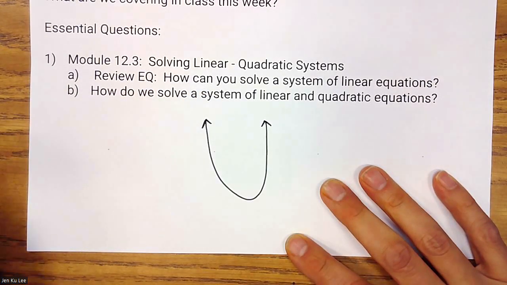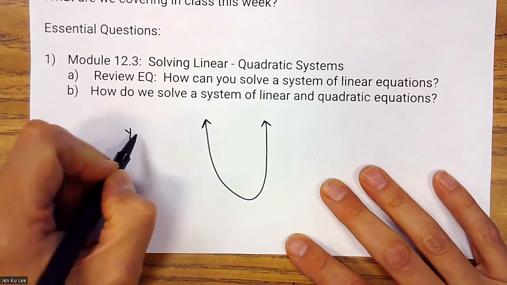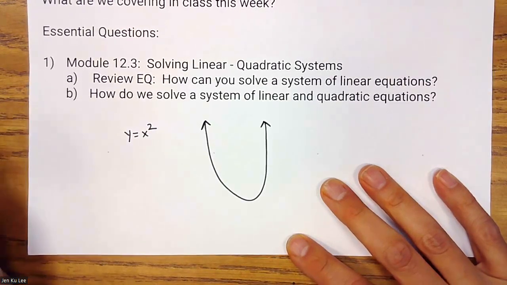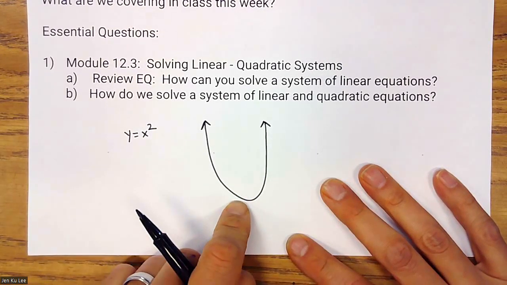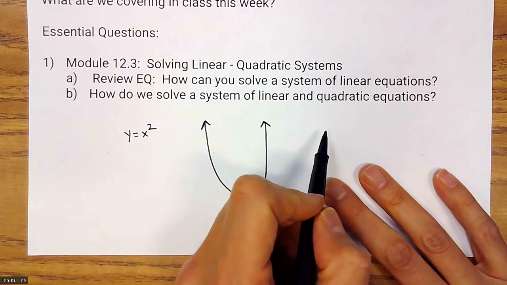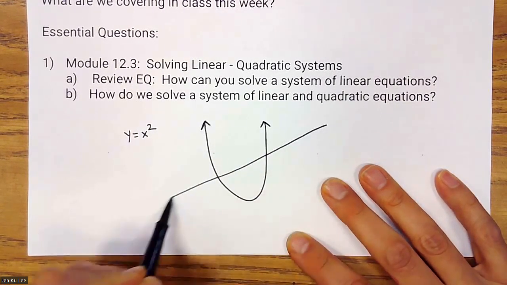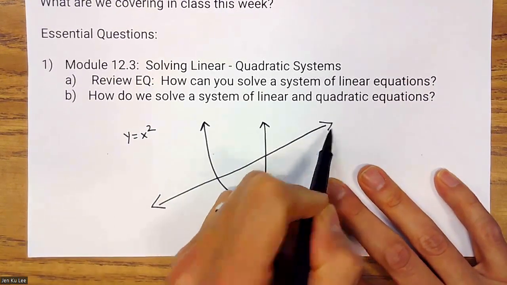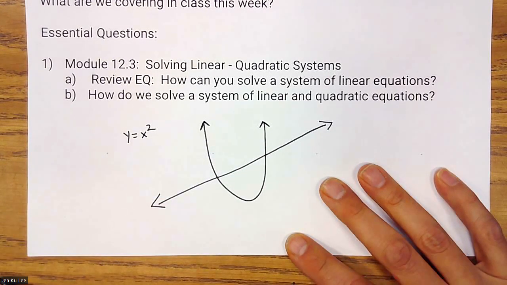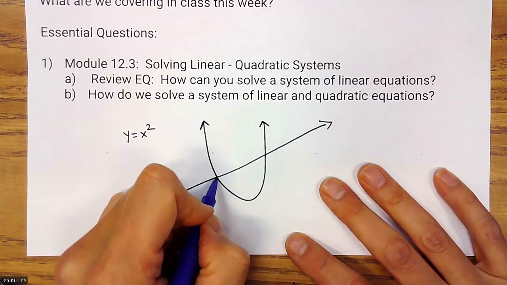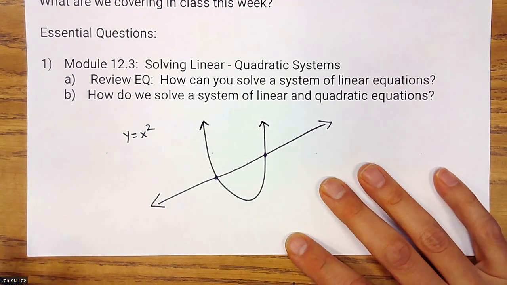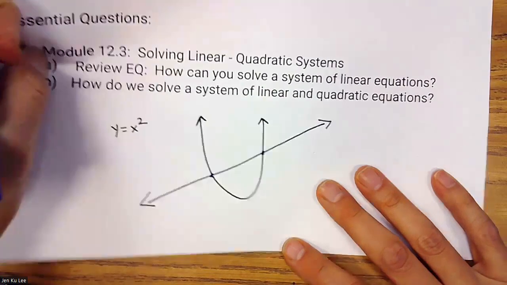Whenever you have y equals x squared, that makes this shape, a parabola, right? And when we graph the line and the parabola itself, remember that the intersections of these two are your solutions. Okay? Just keep that in the back of your mind.